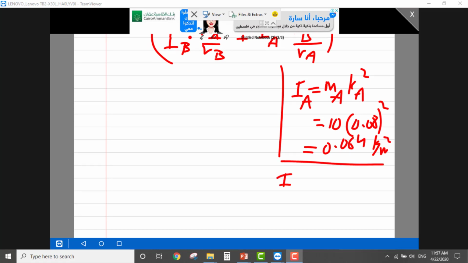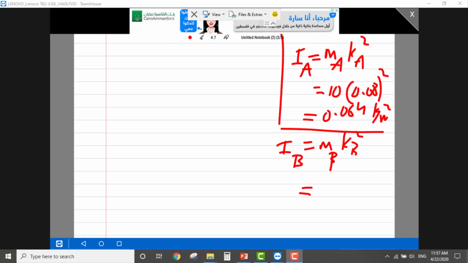And IB is equal to MB multiplied by KB squared, which is 50 multiplied by the radius of gyration, 150 millimeter, that means 0.15 meter, squared. So 0.15 squared multiplied by 50 is equal to 1.125 kilogram meter squared.